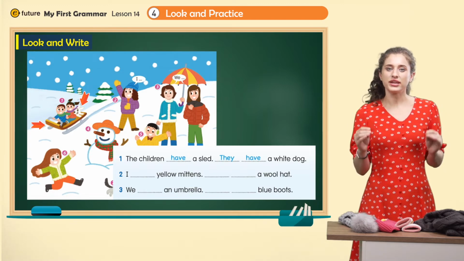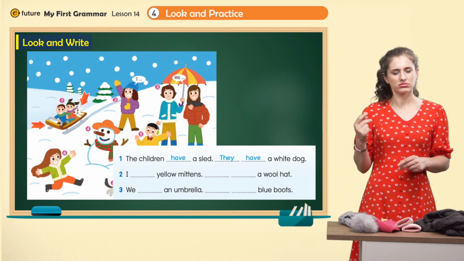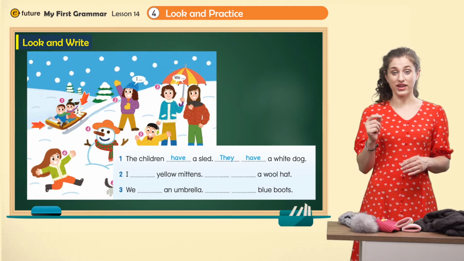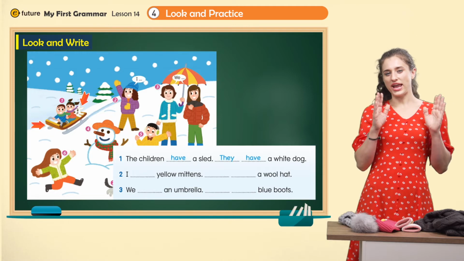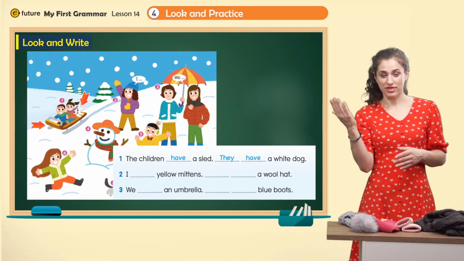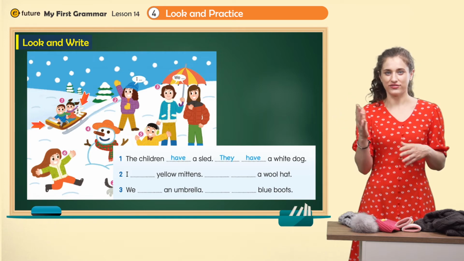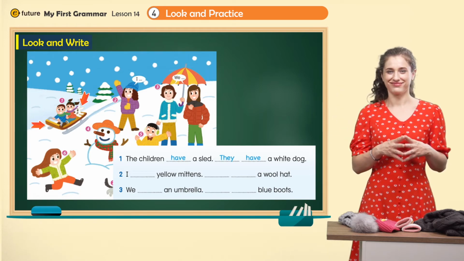The children have a sled. 1, 2. 2 children. So, write have in the blank. Good. What do you write here? They have. Yes, write they have in the blank. They have a white dog.